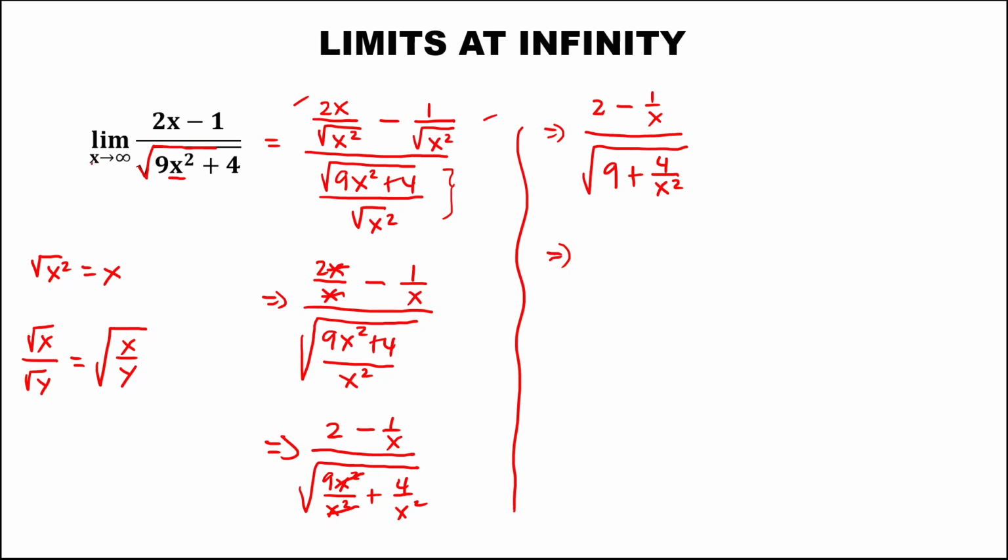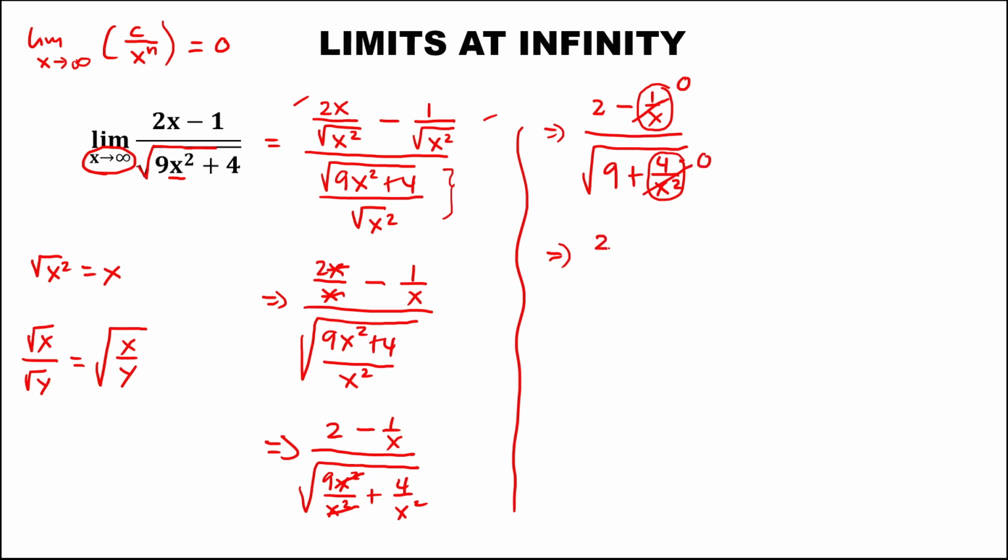Then for these limits at infinity, for the limit as x approaches infinity of a constant over x to the power n, this is equal to 0. So a constant over x, this limit is equal to 0.